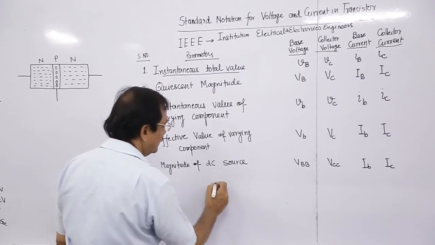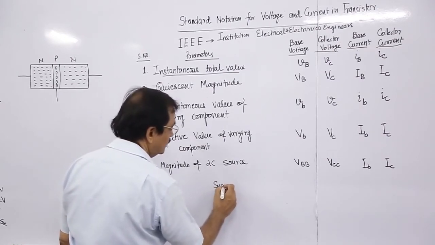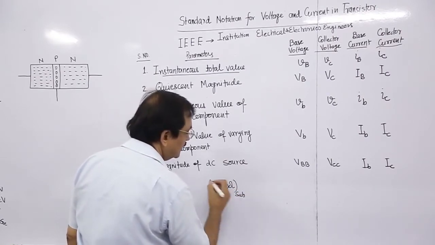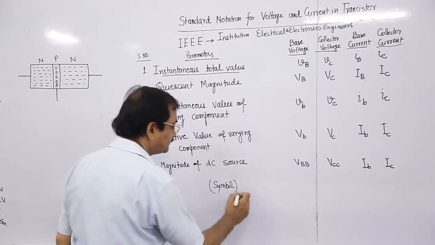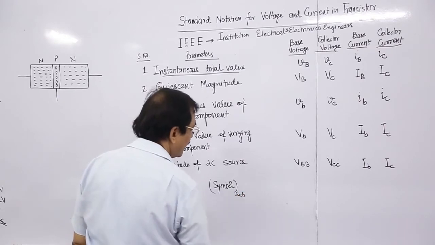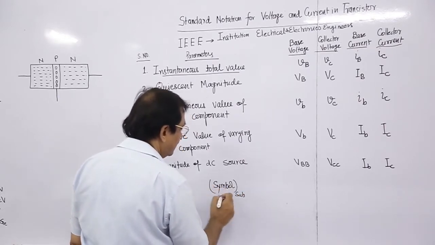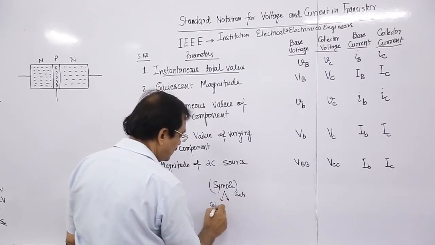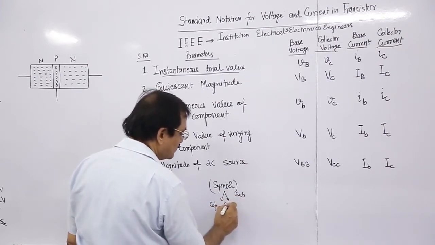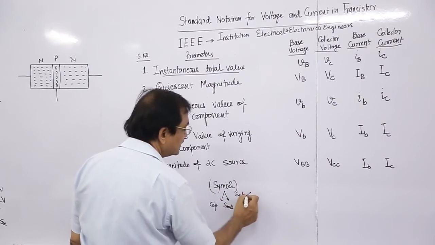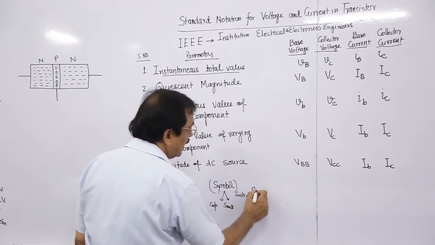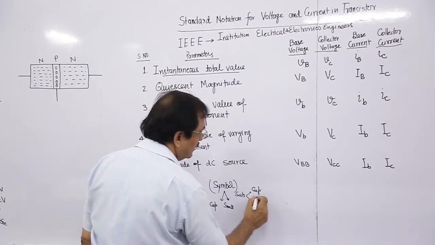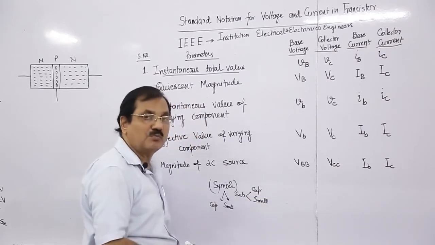This is the symbol and here it is the subscript. The symbol may be a capital letter or a small letter, and the suffix may be a capital or small letter.